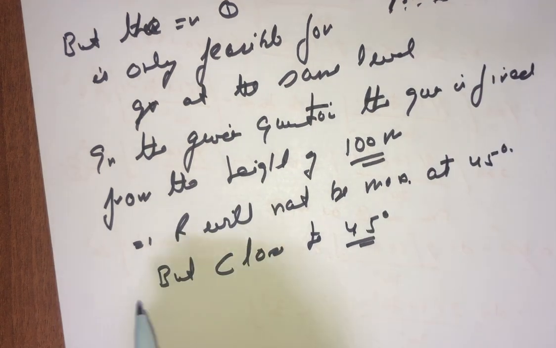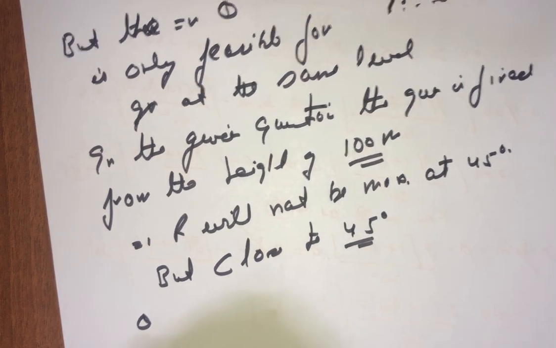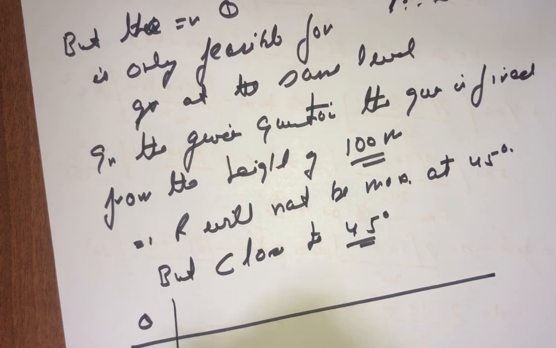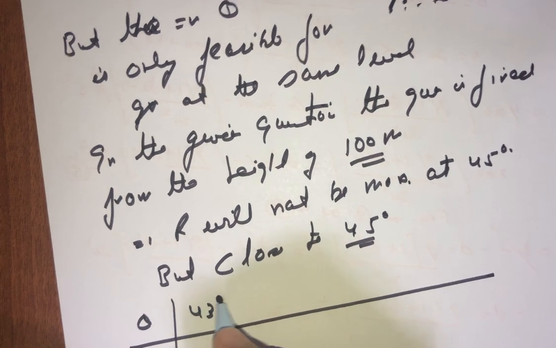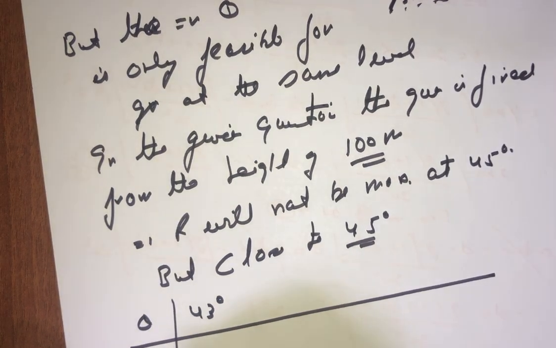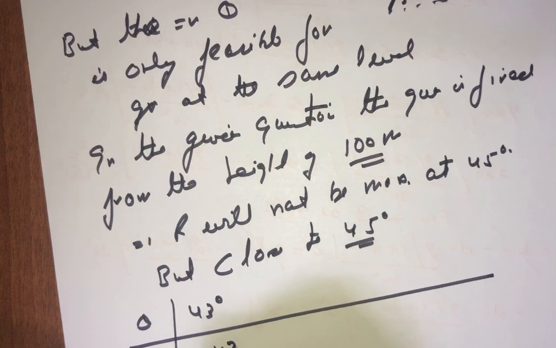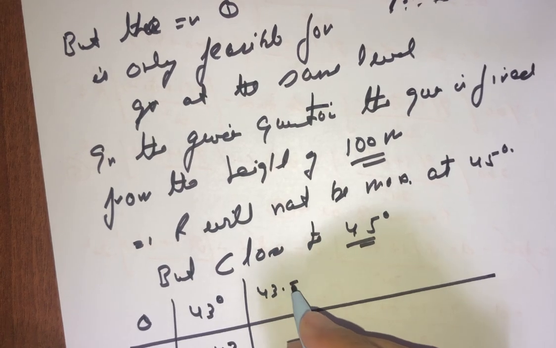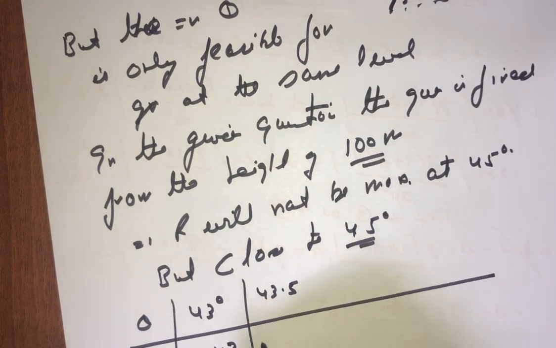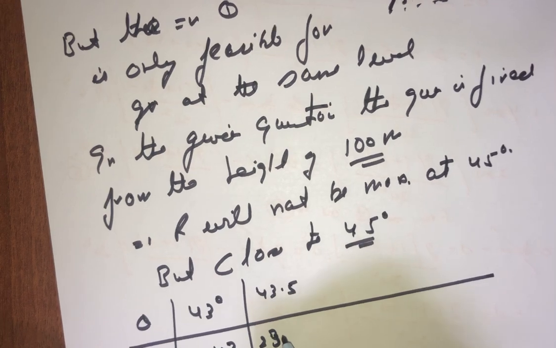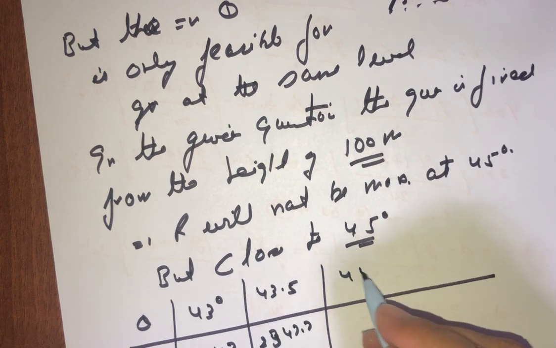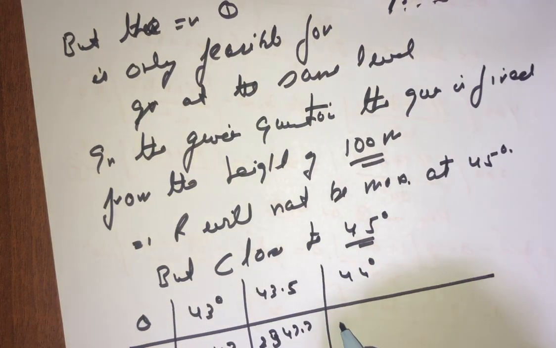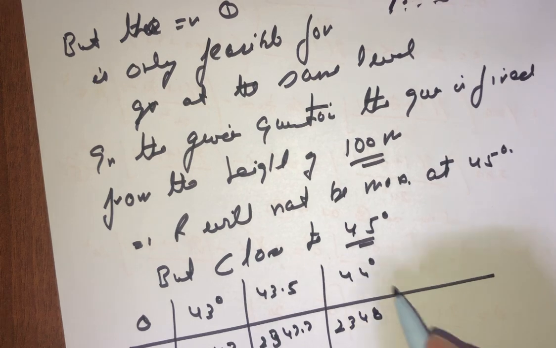So let us take theta and R. First value of theta we take as 45 degrees, and the range we calculated is 2347. Next we take theta as 43.5 and the range is 2347.7. Next we take 44 degrees and the range is 2348.